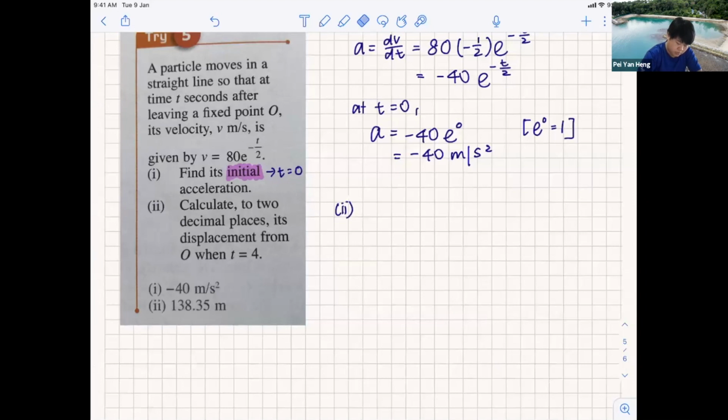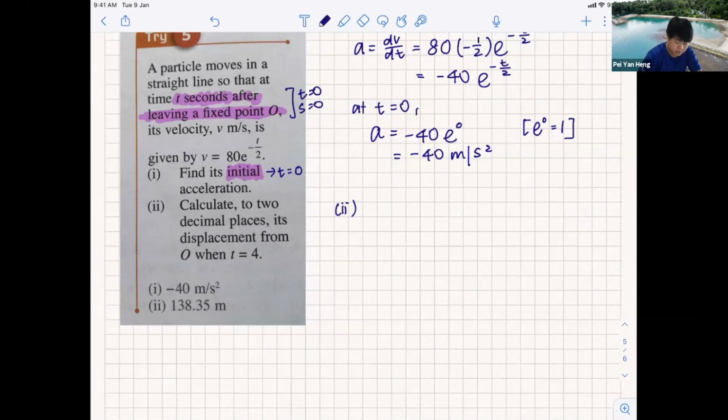Okay, and then for part 2, calculate to 2 decimal places the displacement from O when t equals 4. Right? It is again t seconds after leaving fixed point O. So here we are also looking at t equals 0, s will be 0.